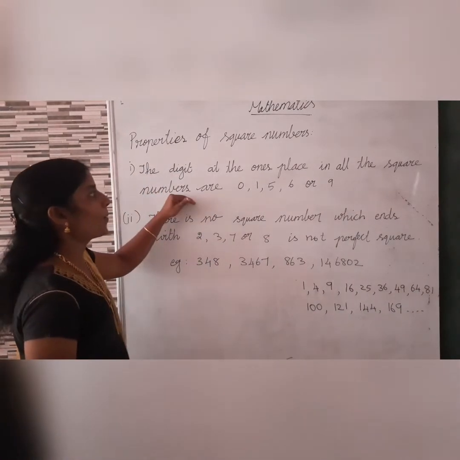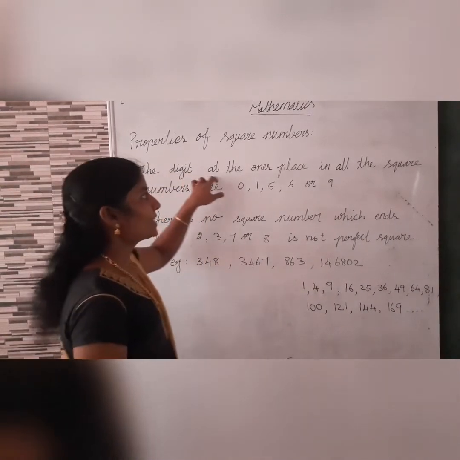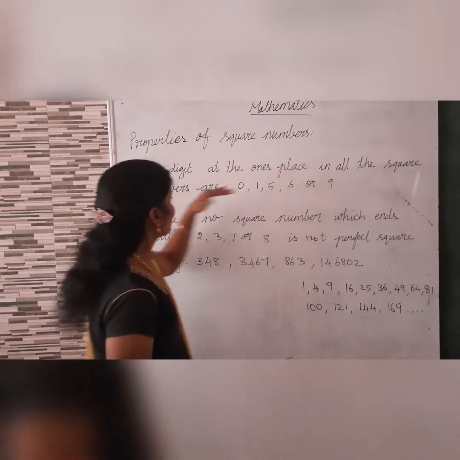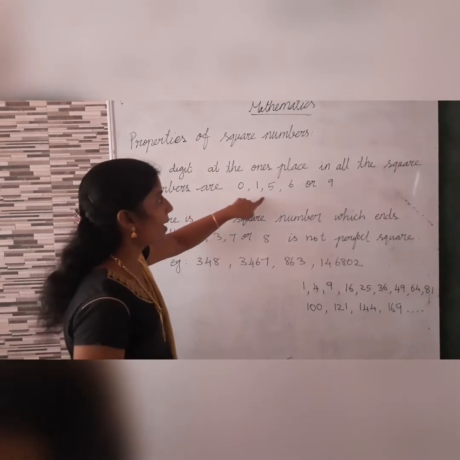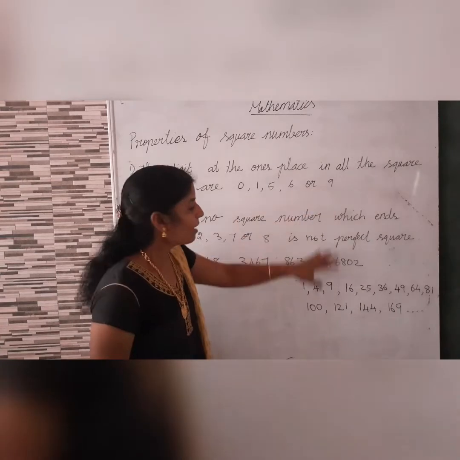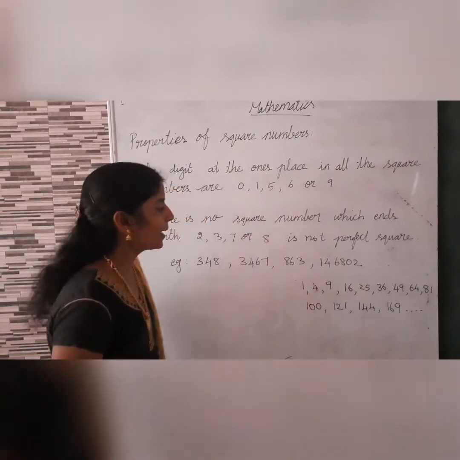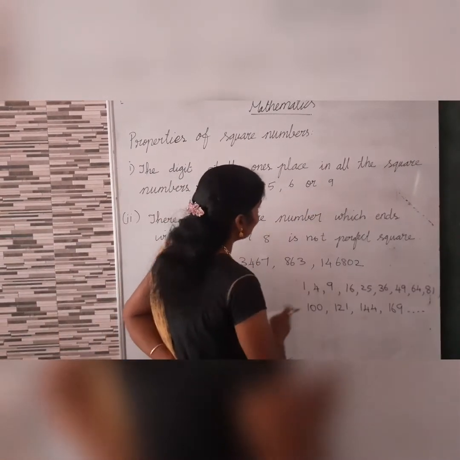Now what is the first property? The digit at the ones place in all the square numbers is 0, 1, 5, 6 or 9. Now listen, these are the square numbers. This is the ones place.